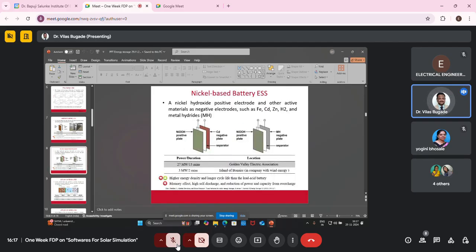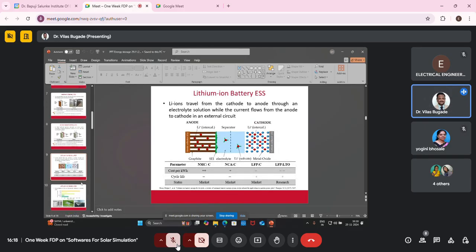So this is also a good opportunity for energy storage in the case of chemical energy storage.